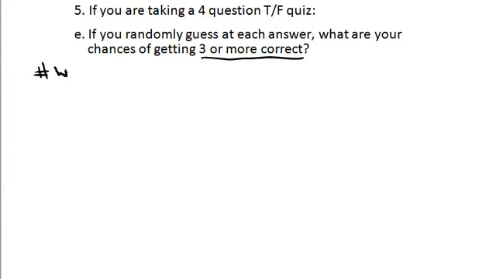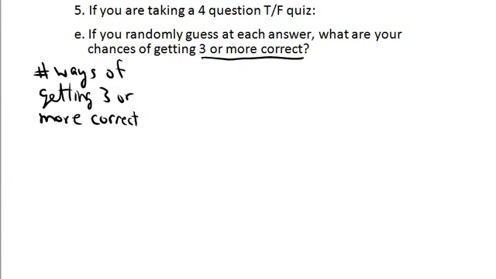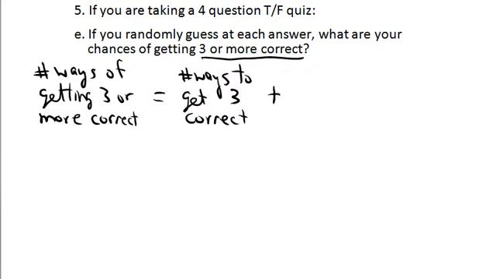Well, let's look at it explicitly. The number of ways of getting 3 or more correct, what that really means is you could either get 3 correct, so the number of ways to do that, or you could get them all correct.